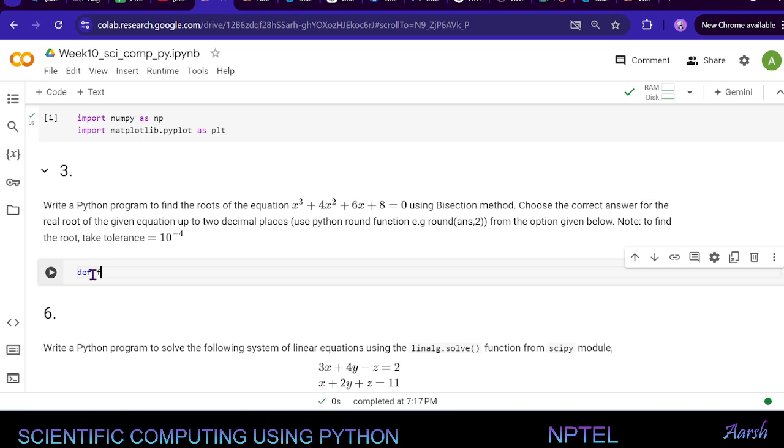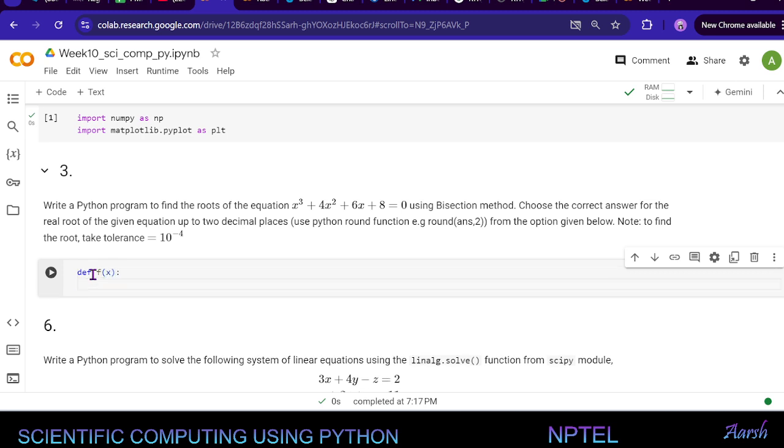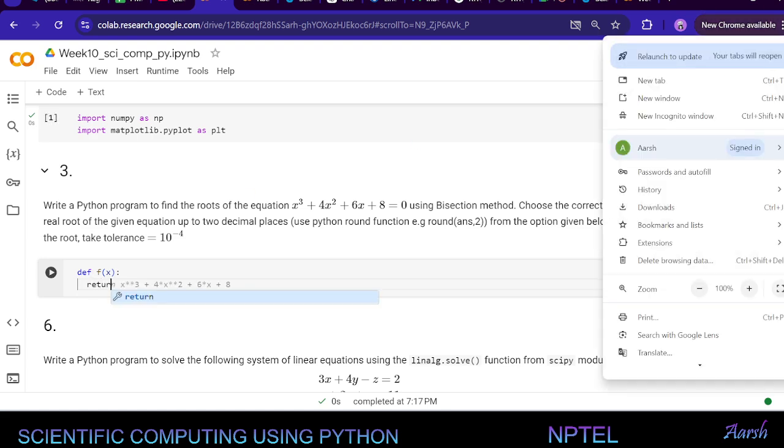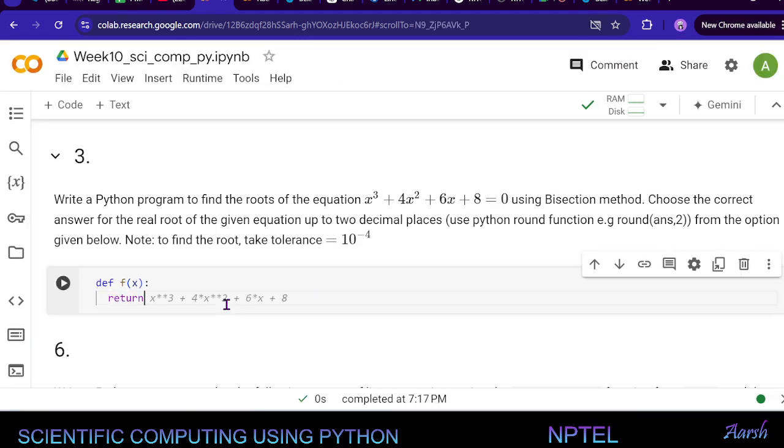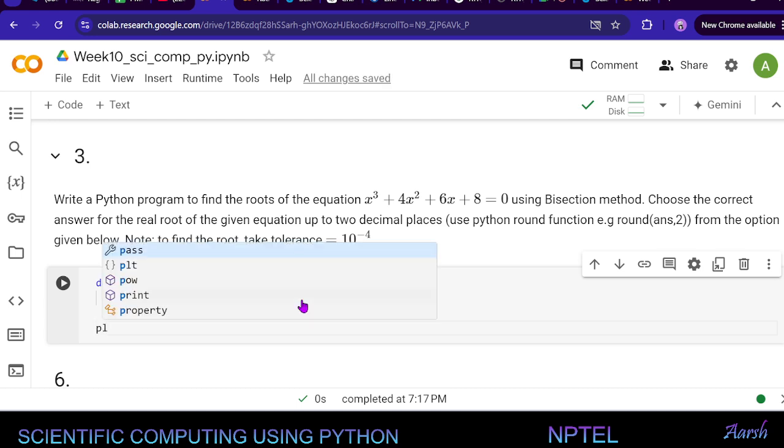Let's write the definition of f of x, which is, let me zoom in, return this function x cube plus 4x square plus 6x plus 8. Okay, and then we want to find the range in which there will be 0, because otherwise we cannot do the bisection, right?